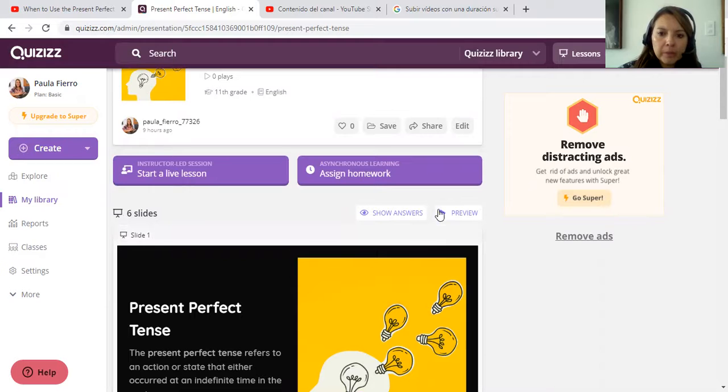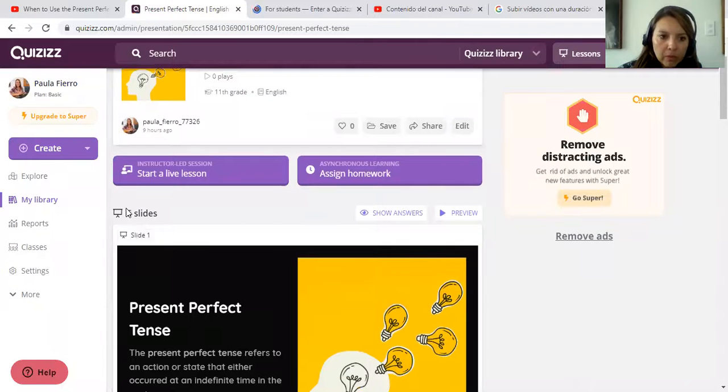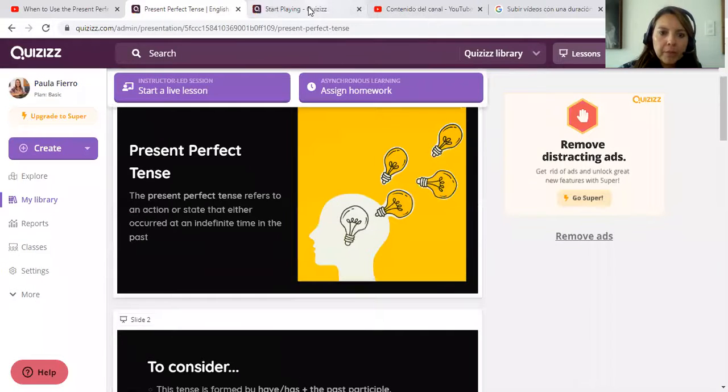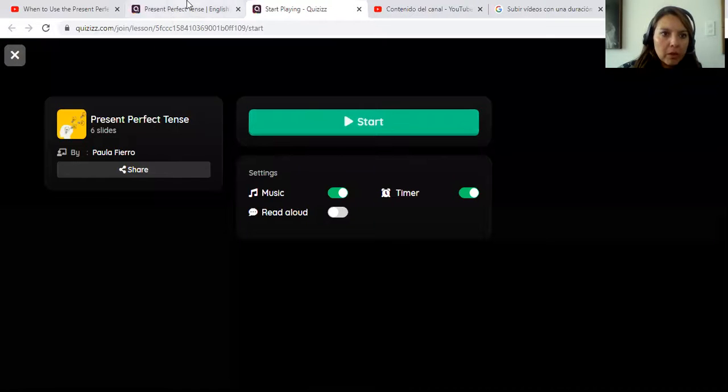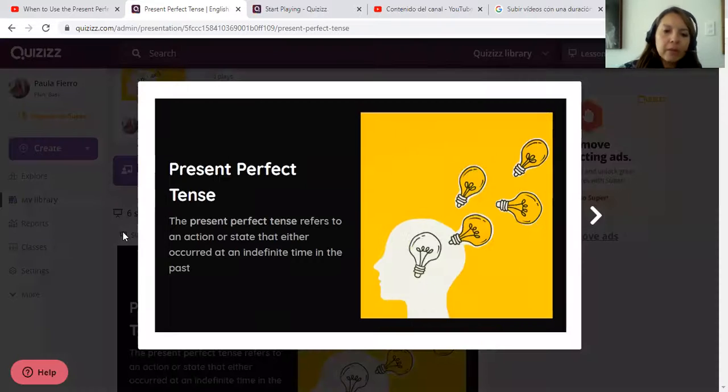Let's check. Okay, the presentation is here. No, it's not this one, but it's okay, we can check it. Slide 1. Yeah, here it goes. And you have there a short explanation of what the present perfect tense is.